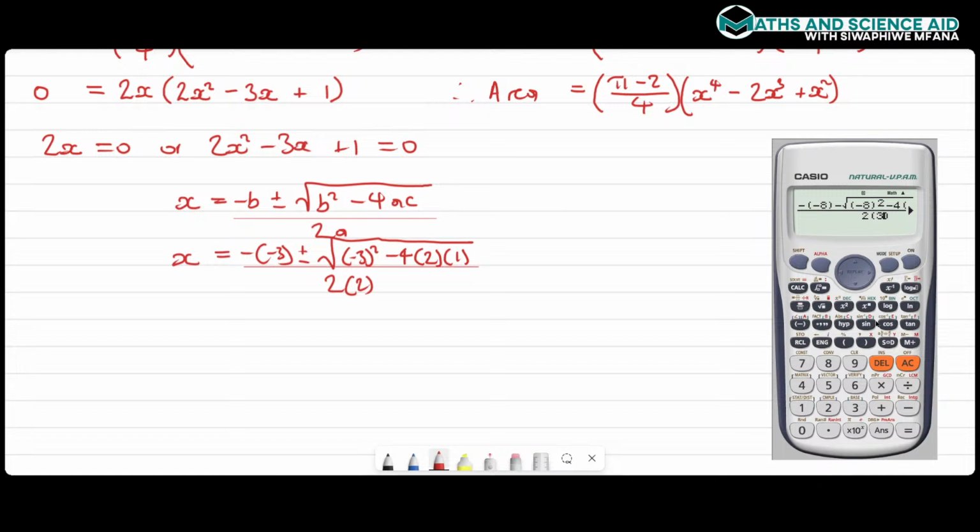Okay, A is 2, so I'll just change the values on this here without starting over. So C is 1, and then this will be 2, and B is negative 3, and yeah, we'll also have negative 3 here. So let's see.